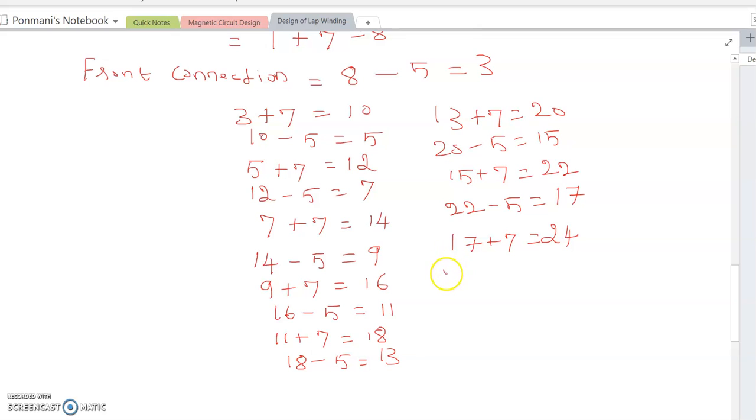Then 24 minus 5 is equal to 19. 19 plus 7 is equal to 26.